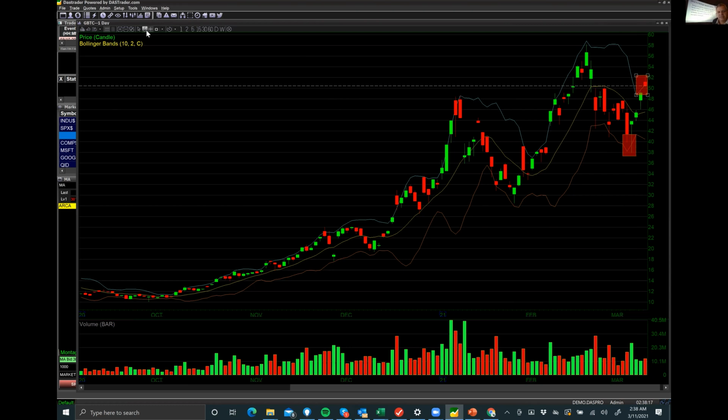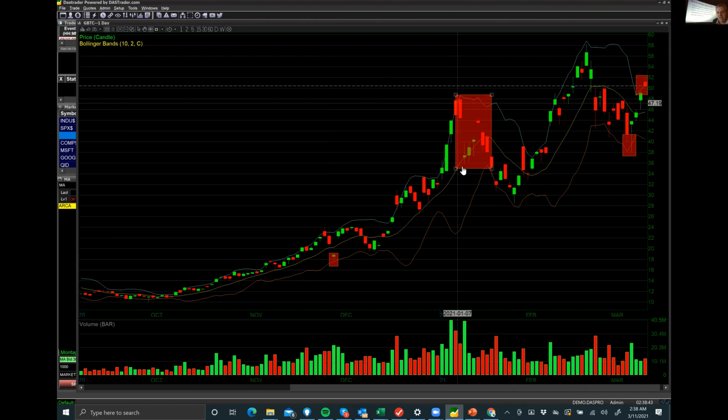Got a buy. Certainly that would have probably made you nervous at the very least. Definitely would have been a sell area here. And if not here, certainly somewhere here.